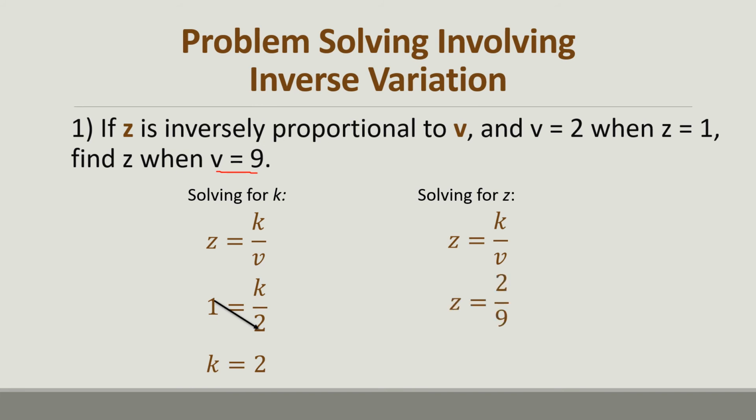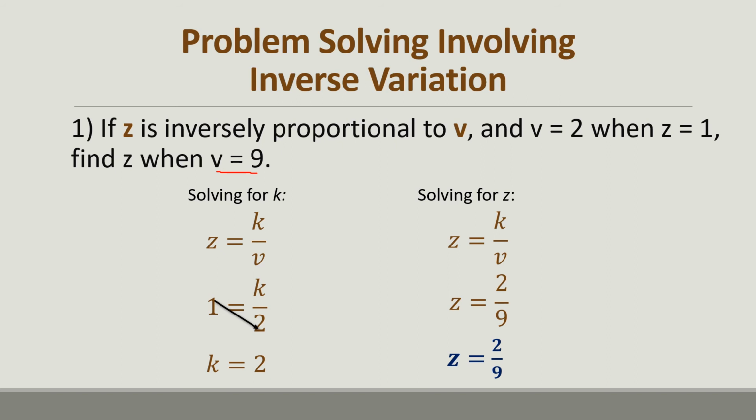Z equals 2 over 9 because our K is 2 and our V is 9. And we're solving for Z. So since you cannot simplify further 2 over 9, then our final answer for Z is 2 over 9.